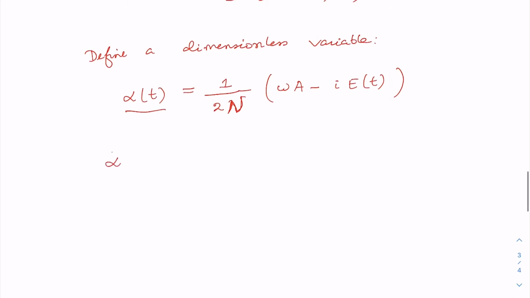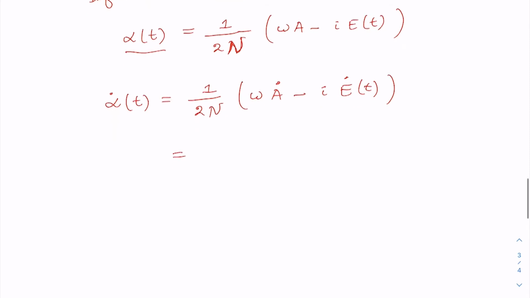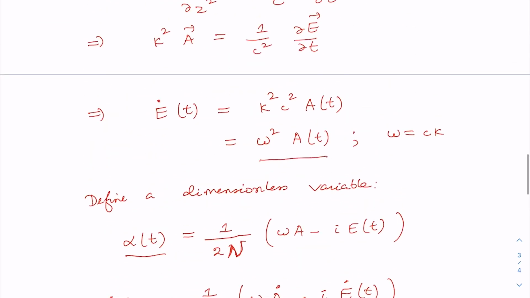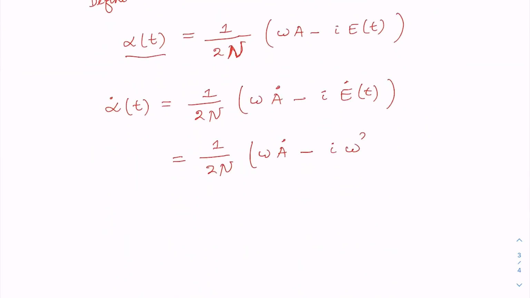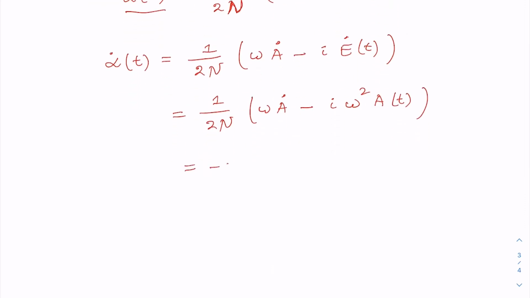Now if I take the time derivative of this expression alpha(t), then I have 1 by 2N omega times (omega A dot minus i E dot), and this I can further write as 1 by twice N omega times (omega A dot minus i E dot). So E dot, if I just use this expression here, I can write it as omega squared A(t), and which further I can write as minus i omega times 1 by twice N omega times (omega A plus i A dot).